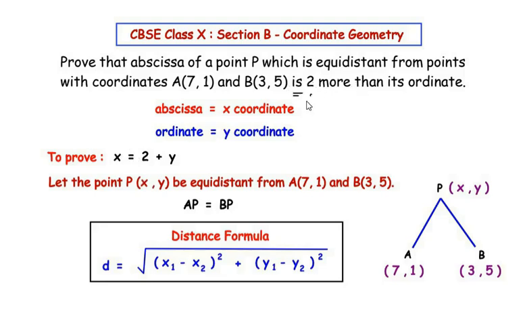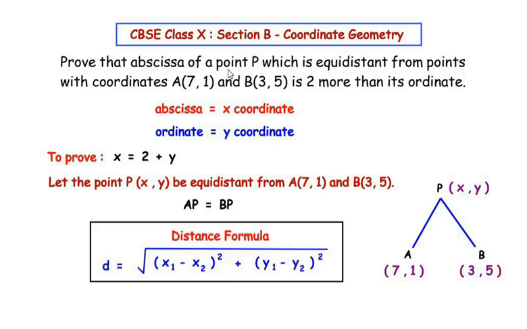So 2, remember "more" is a keyword for addition operation. So here it becomes 2 plus, 2 more than its ordinate. Now ordinate is the y coordinate. So here we have to prove that the abscissa, that is x, is equal to 2 more than its y coordinate.